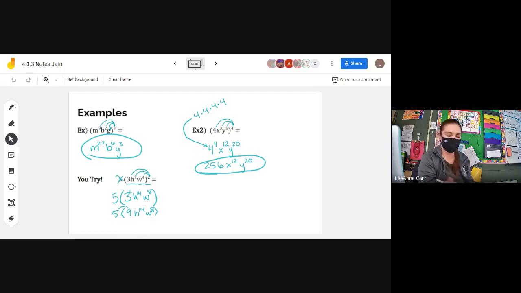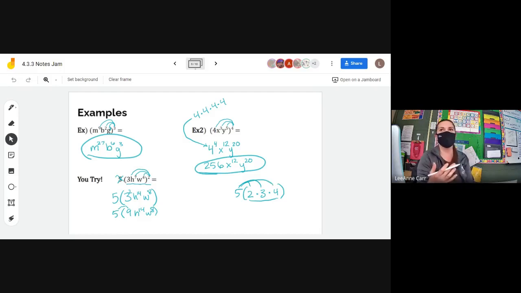And here's why. Let's imagine, because everything in here is being multiplied to each other, let's say you had a 5 out front and you had a 2 times 3 times 4 in here, okay? You would multiply this all together, then multiply the 5. You wouldn't multiply 5 to all of these and then multiply those together.